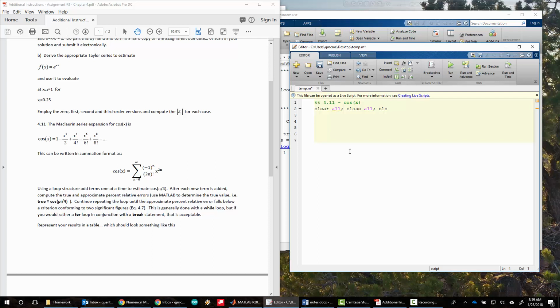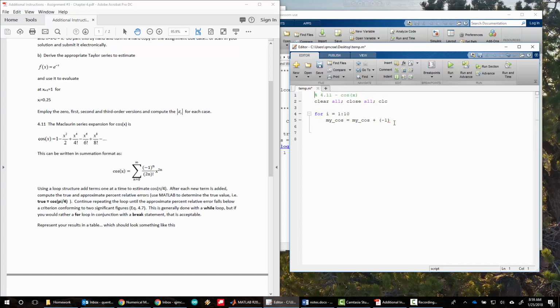So it's a loop. Let's just do a simple for loop. I can go for i equals 1 to 10 to start. And I'm going to say my cosine is equal to my cosine plus, in other words, my current guess is my previous guess plus whatever this thing is right here. So I'm just going to write this down.